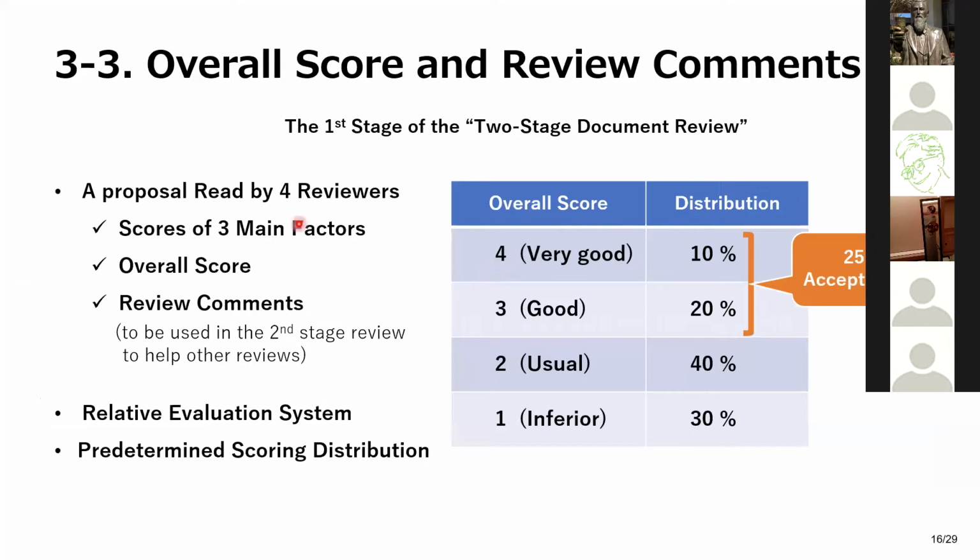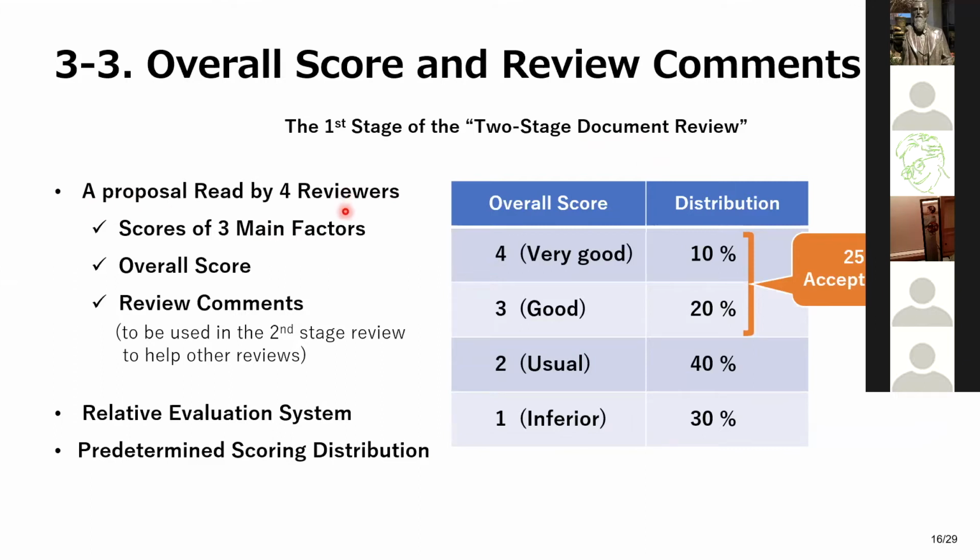Now, the system of evaluation is also explained in the file. The system is called two-stage document review. In the first stage, each research proposal will be read and reviewed by 4 reviewers.